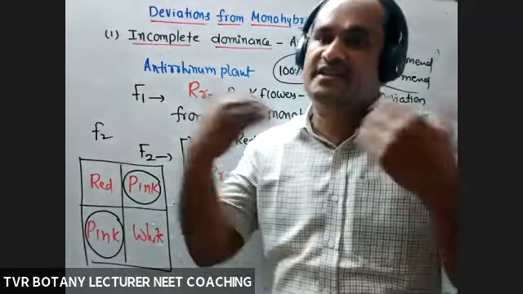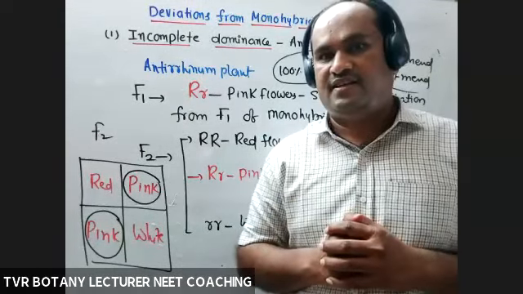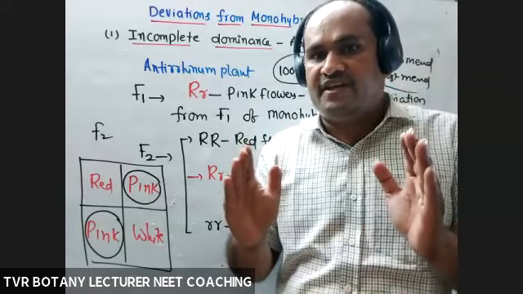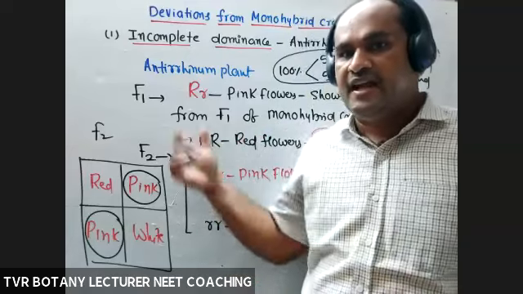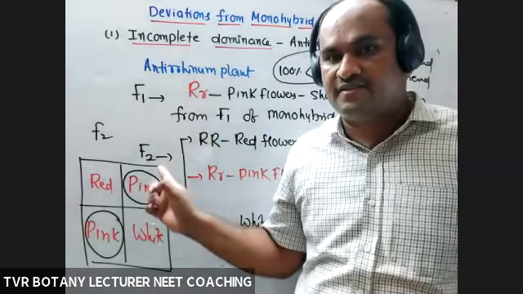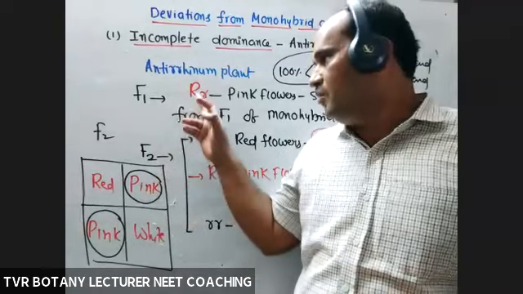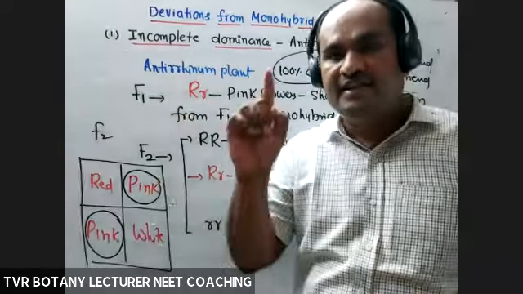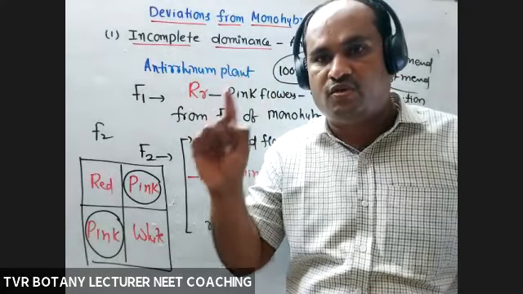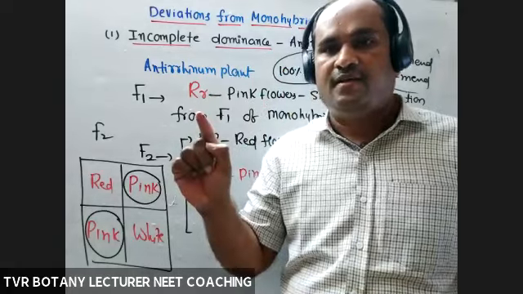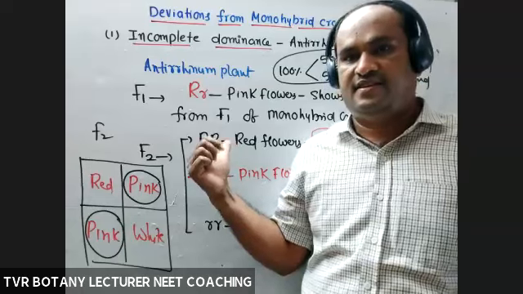In F1, 100% deviation. F2, 50% deviation only. The change in phenotypic ratio from 3:1 to 1:2:1 is not because of F1, but because of F2. Of course, deviation happened in both F1 and F2, but 3:1 is changed into 1:2:1 because of phenotypic deviation at the F2 generation.